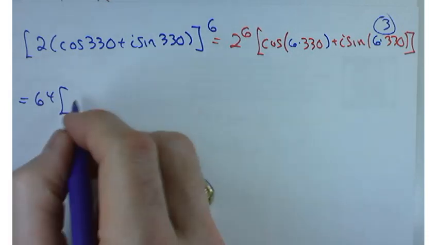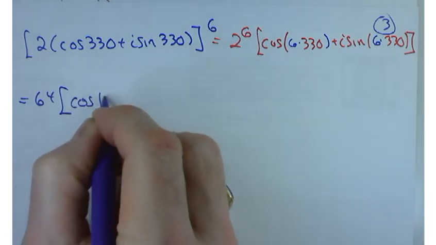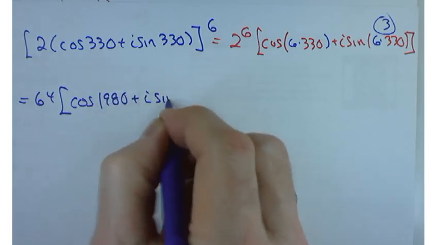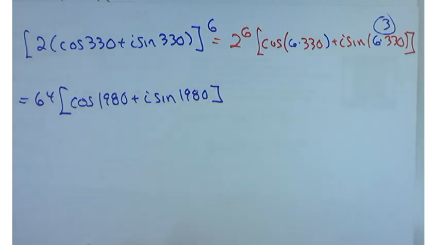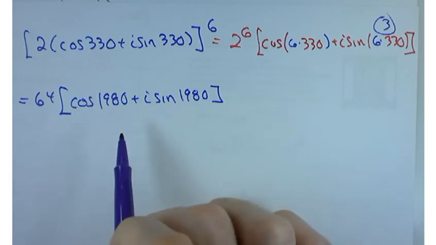And that's going to be the cosine of, I think, 1980 plus i times the sine of, again, 1980. Now, in a problem like this, I'm going to ask you to go all the way back down to the form of a plus bi. I don't want it in polar form anymore. That's not what we started out in. That's not what we're going to end up in. Let me pause for a moment. We're okay right here.